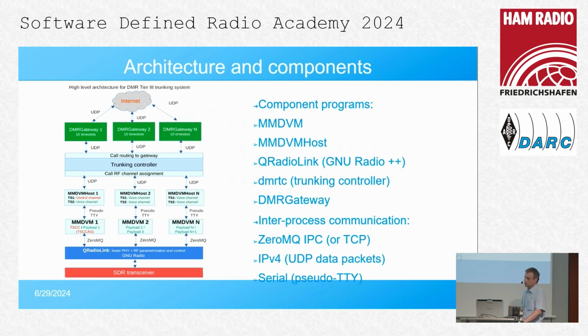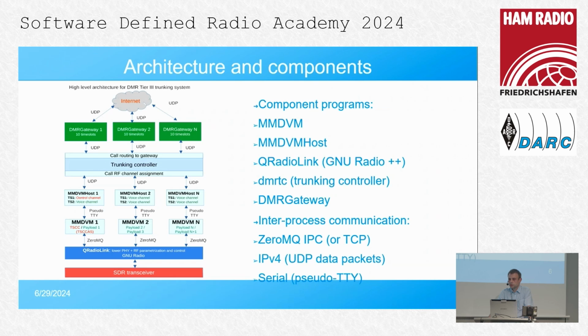So, as you can see, the components. I think something went wrong with the display of the slide. So, yeah, the components are basically MMDVMHost, QRadioLink, the trunking controller, and DMR gateway. I will explain later why DMR gateway has to be used.